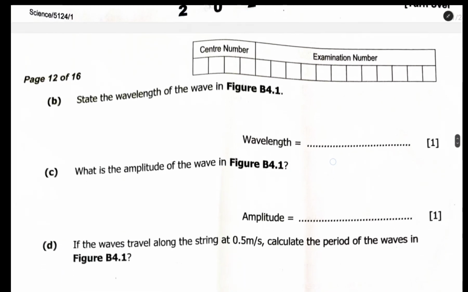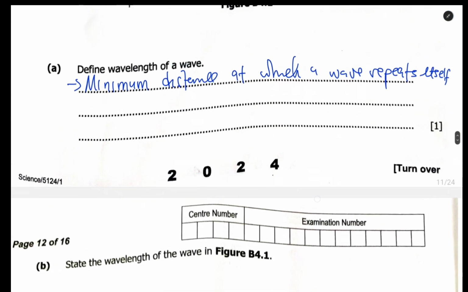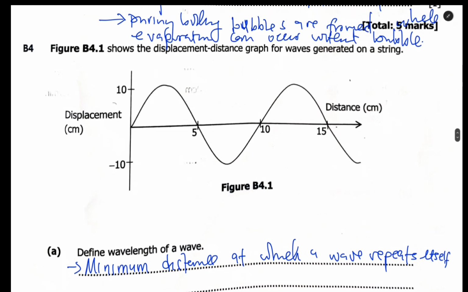Then the second question, B, state the wavelength of the wave in figure B4.1. If I look at the figure, we are just looking at the minimum distance at which the wave repeats itself. It can be crest to crest, or trough to trough.